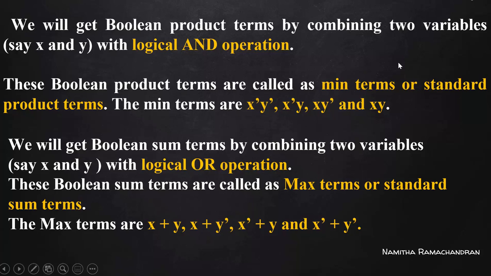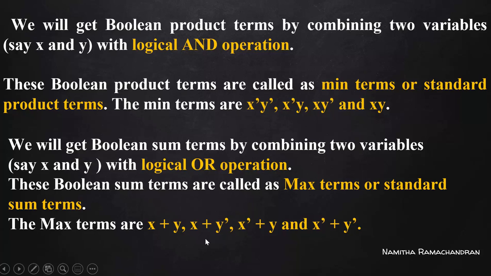Minterm means combining two or more variables using logical AND operation. Similar to this, here we have the max terms generated by combining variables using logical OR operation. This can also be called standard sum terms. So consider two variables x and y and combine using this logical OR operation.